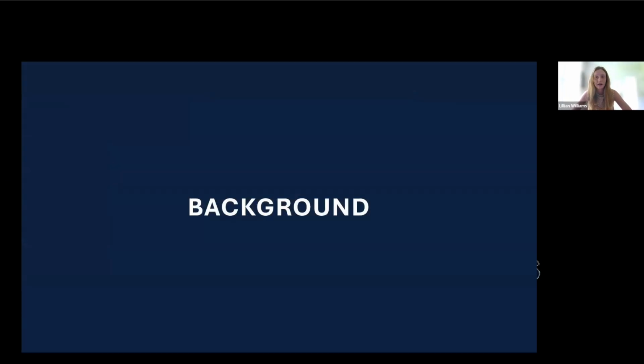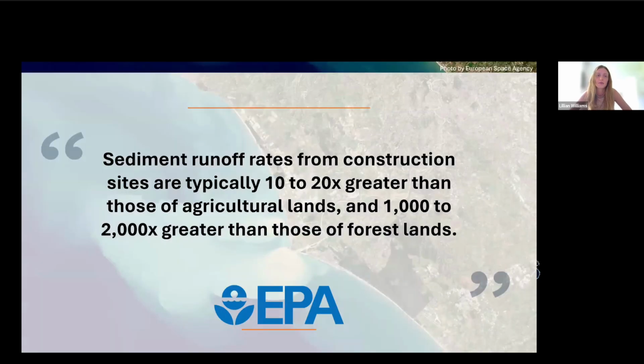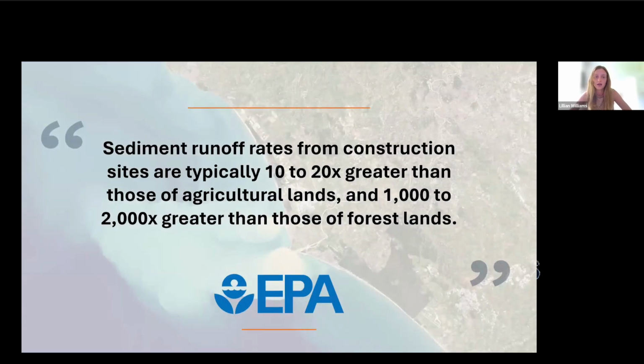So first, the background. Construction activities, as we have probably seen firsthand, have the potential to cause sediment discharge into the surrounding areas. And this can be runoff rates of 10 to 20 times greater than those of ag lands, and then 1,000 to 2,000 times greater than those of forest lands, according to the EPA.